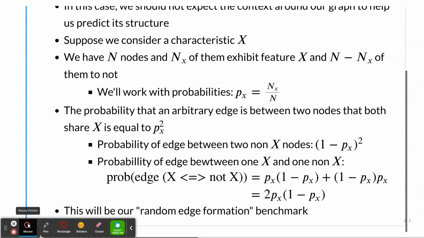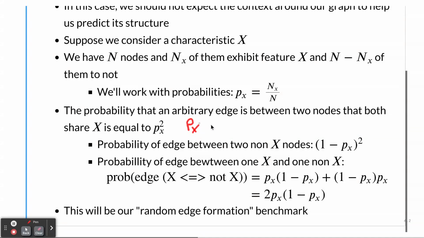So the probability that the first node we're thinking of has a feature x is equal to p_x, and then we're just going to multiply that by the probability that the other node has characteristic x, which is again p_x, and that's where the p_x squared comes from. Then we can say that the probability of an edge forming between two nodes that are both non-x types is going to be (1 minus p_x) squared.